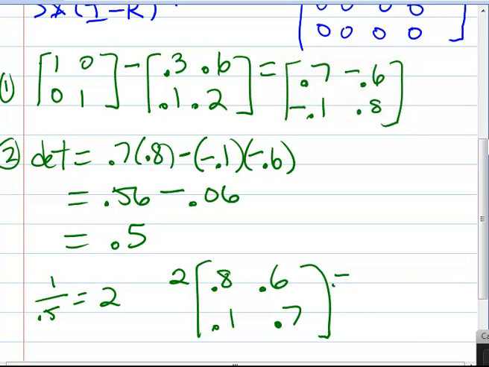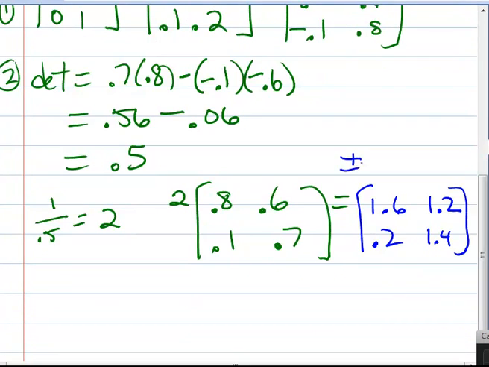And then I multiply through by 2, and I end up with 1.6, 1.2, 0.2, and 1.4. So there is the matrix I minus R inverse, and this is also known as the fundamental matrix.